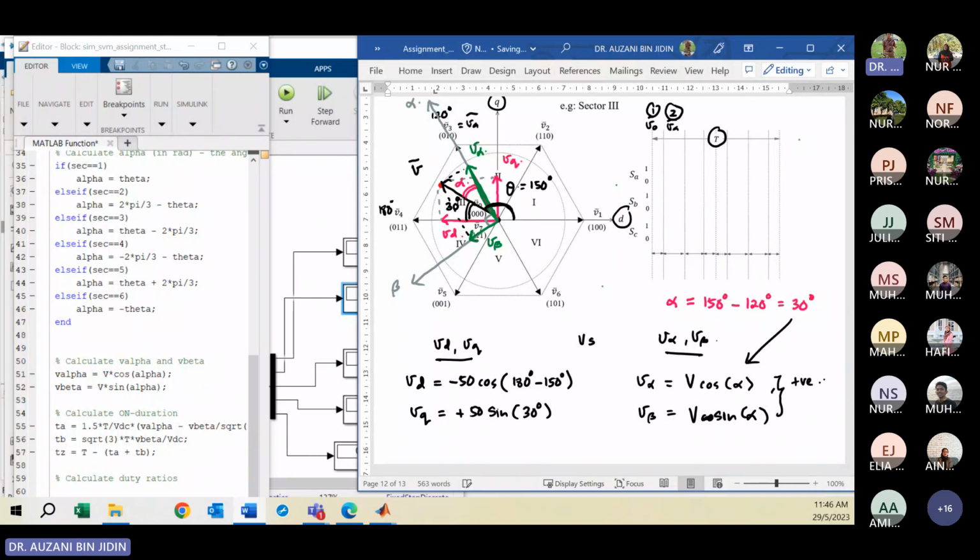It cannot be negative. But for VD and VQ, the values can be negative. Clear? Same goes for alpha, the value of alpha cannot be negative, because we analyze on the alpha and beta axis. It's not the DQ axis.